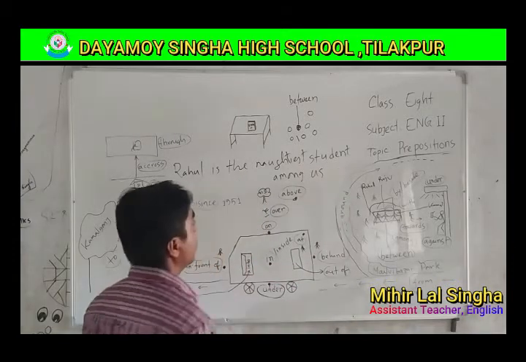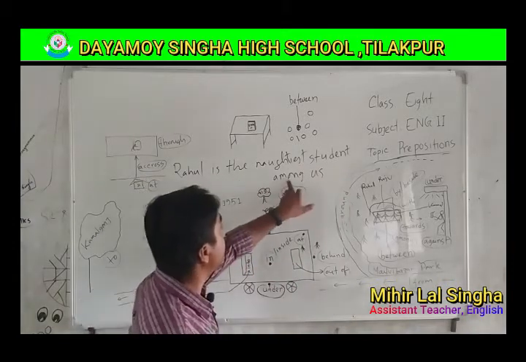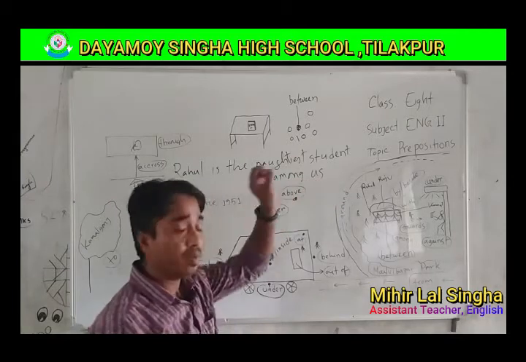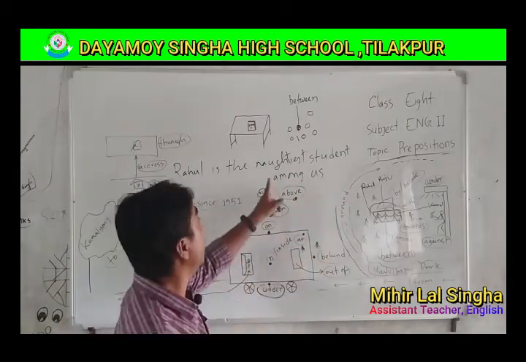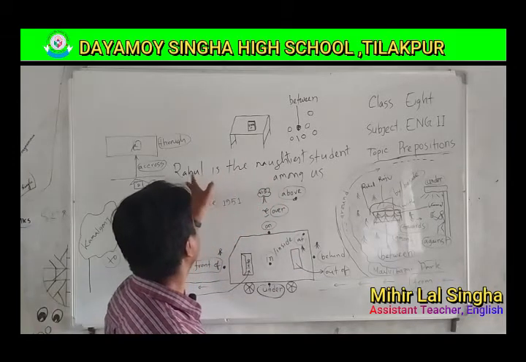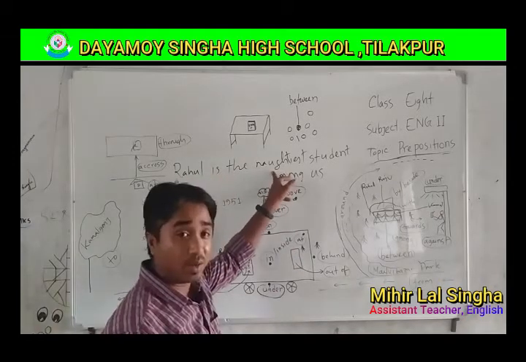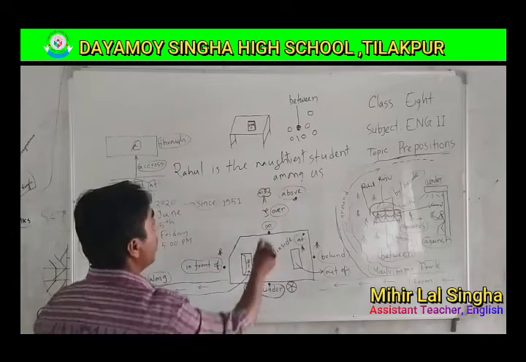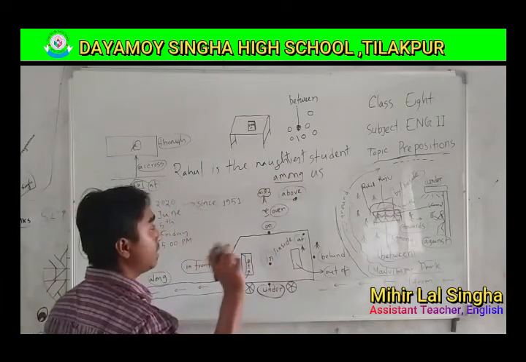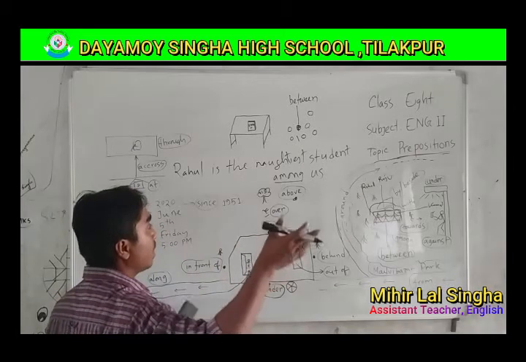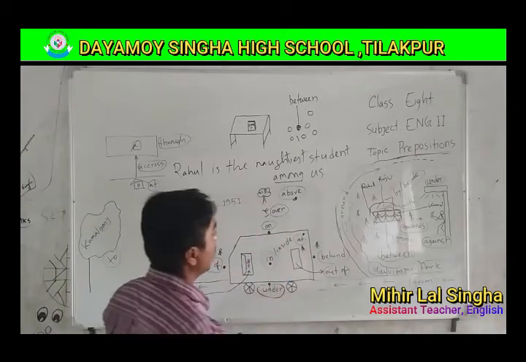Among us means there are more than two students in the class and Rahul is the naughtiest. So among is used when something is at the middle of more than two.